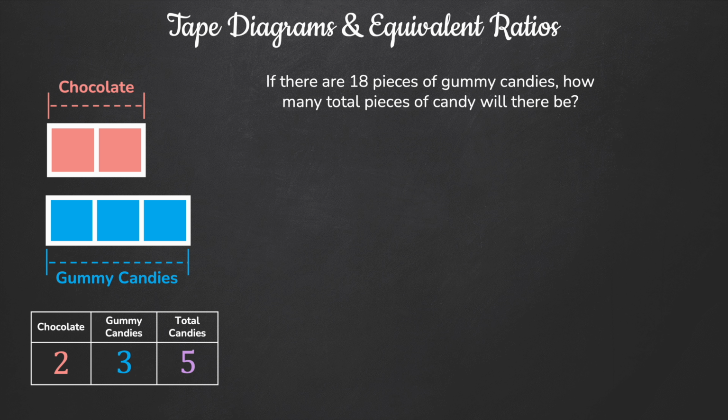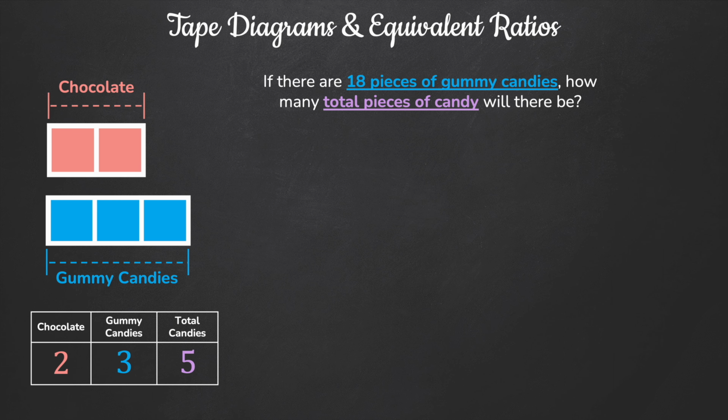Our next example says, if there are 18 pieces of gummy candies, how many total pieces of candy will there be? So we're talking about gummy candies and the total amount of candy, and the ratio of gummy candies to total candies is 3 to 5. So if we know that there are 18 pieces of gummy candies, we have to find an equivalent ratio.